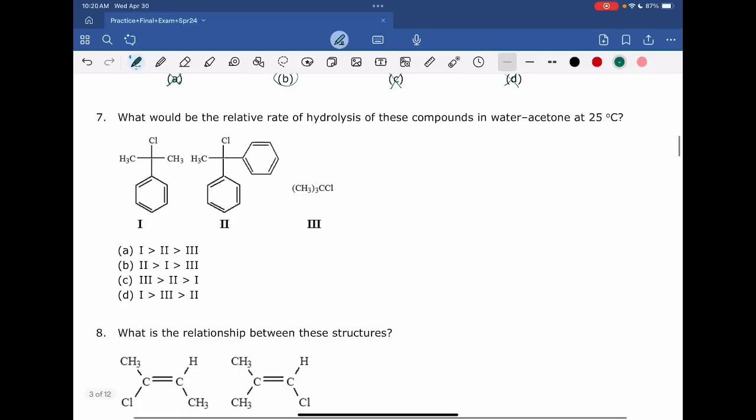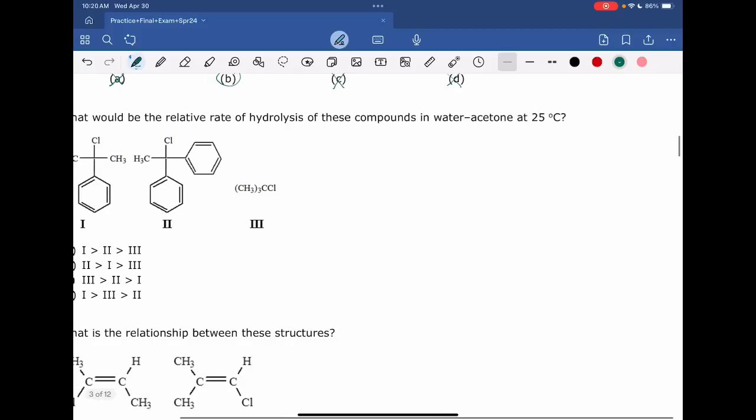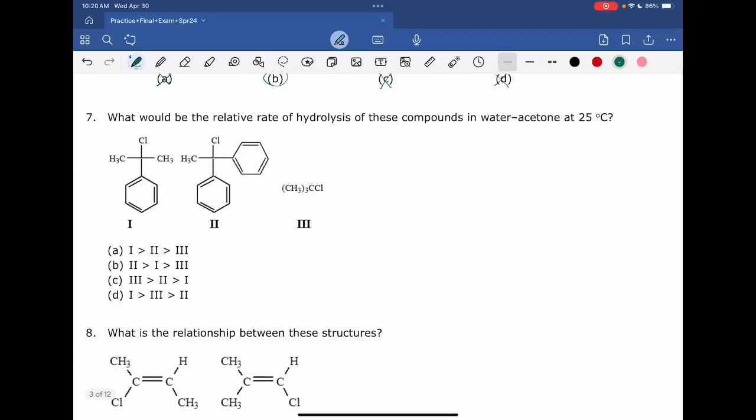Okay, what would be the relative rate of hydrolysis of these compounds? Okay, hydrolysis means reacting with water. So let's draw water. And water is also going to be our solvent in here. And we're not in very hot conditions. So we are in a polar protic solvent, which is water.